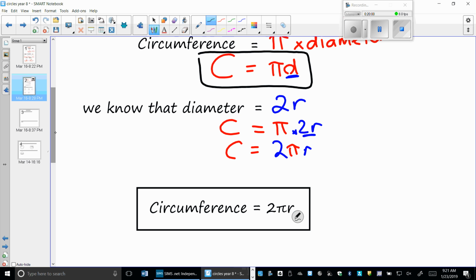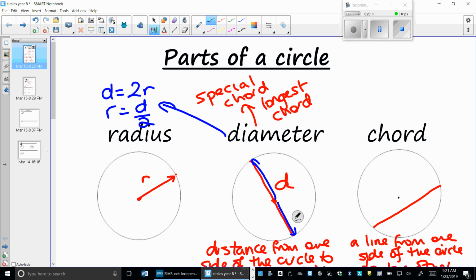We've then gone on to recognise that the diameter is the same length as two lots of radius. Remember, the radius is from the centre to the outside. So the diameter must be two lots of the radius, mustn't it? You see that now?